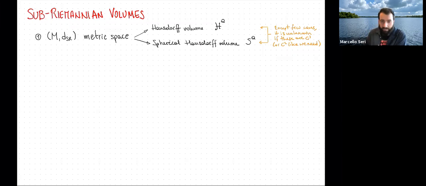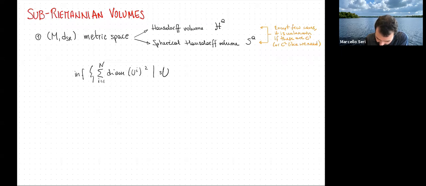So what is this? This is the infimum of the sum of the diameters of the sets U_i, maybe squared, with i from 1 to some index n, such that the union of the U_i contains your manifold. And so here you have H_delta^q, and the diameter of the U_i is smaller than delta.